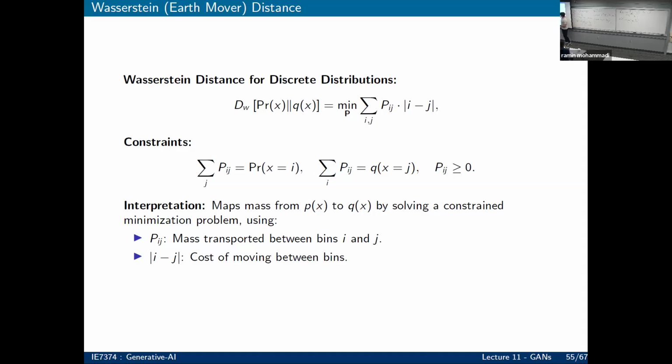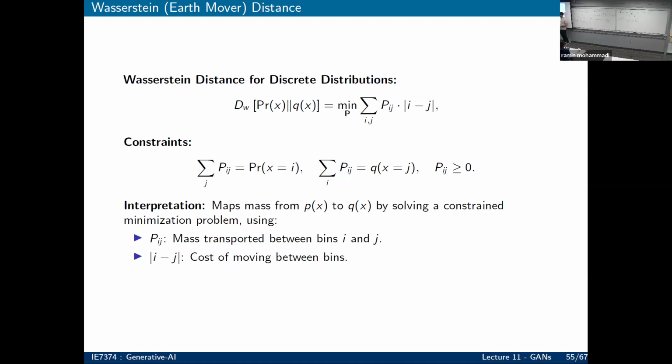This value, absolute value I minus J, is the cost. How much effort will it take for me to do that? So the first one is how much data, how much dirt you're moving.